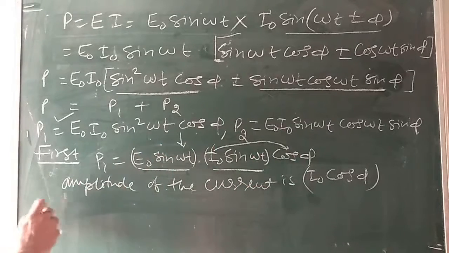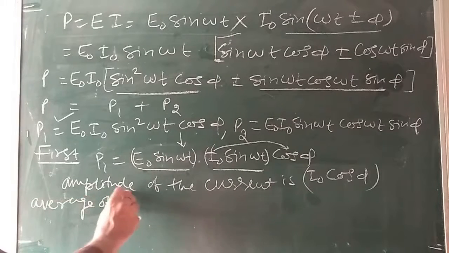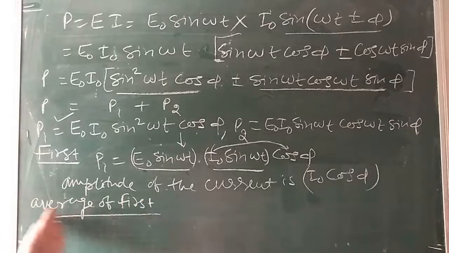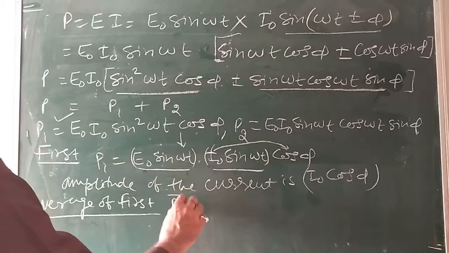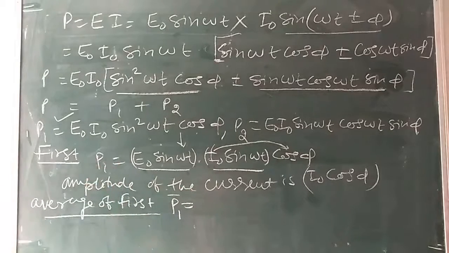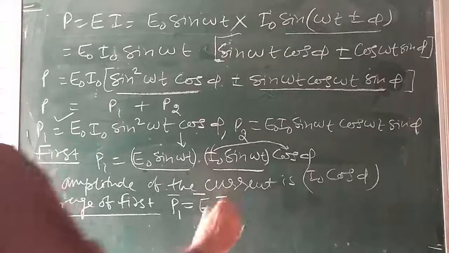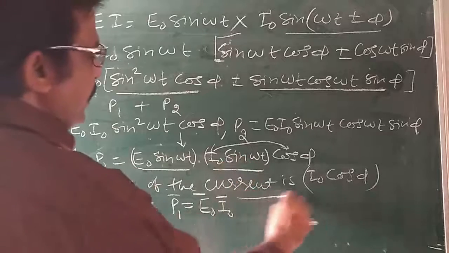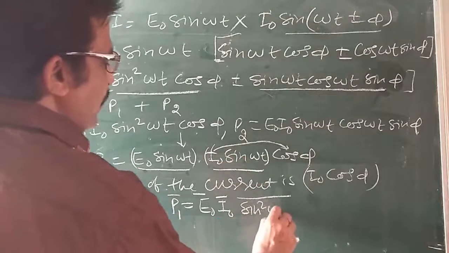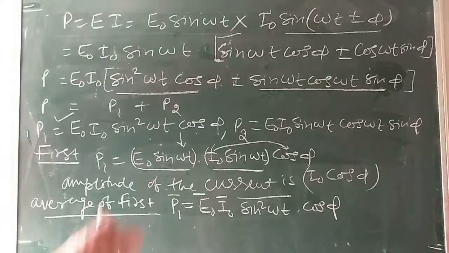So the average value of this first part we are going to find out. We use here a bar, P1 bar, that is equal to E naught, I naught, and sine omega t and sine omega t, that is sine square omega t and cos phi. This bar represents the average.